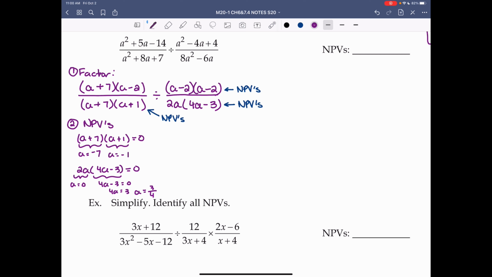And then the numerator of the second fraction, a minus 2, is the same as the other one, so it's going to be the same value. This is equal to 0 when a is equal to 2. We then have negative 7, negative 1, 0, 3 over 4, and 2 as our NPVs.